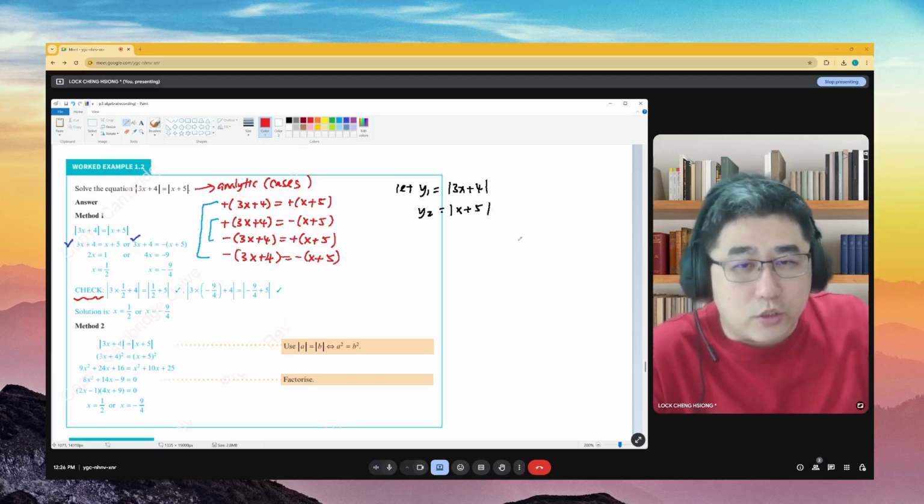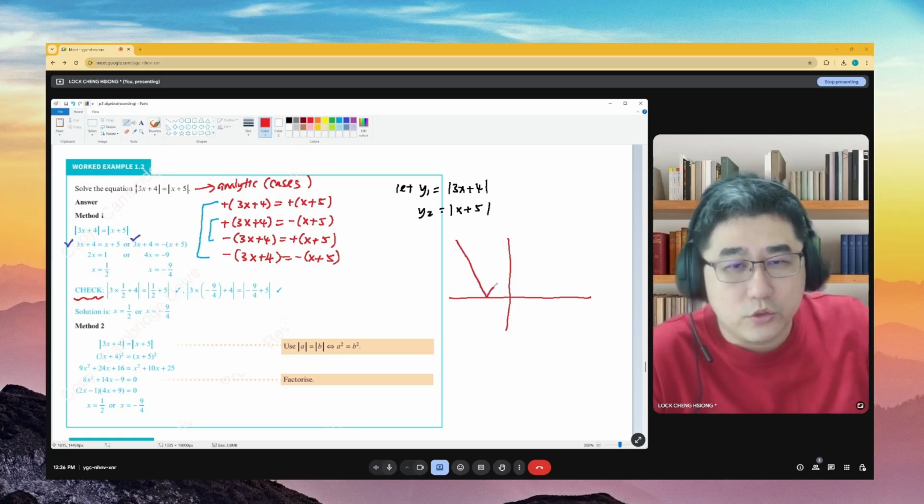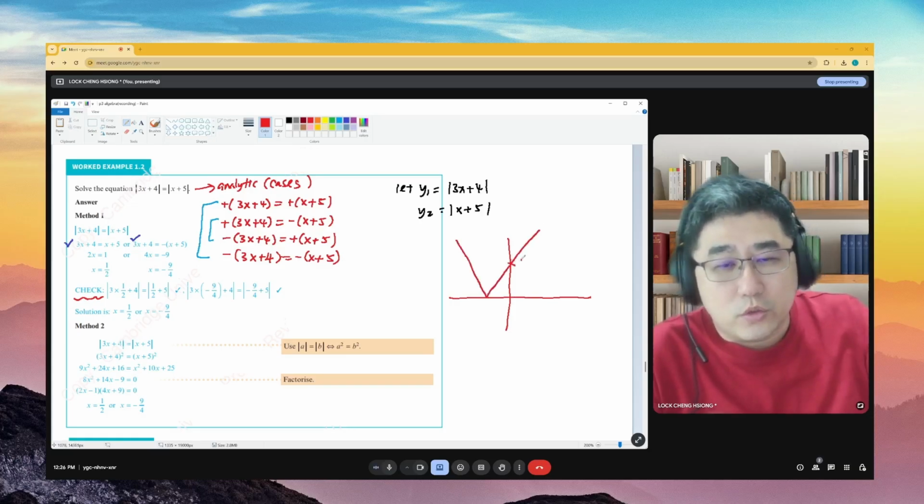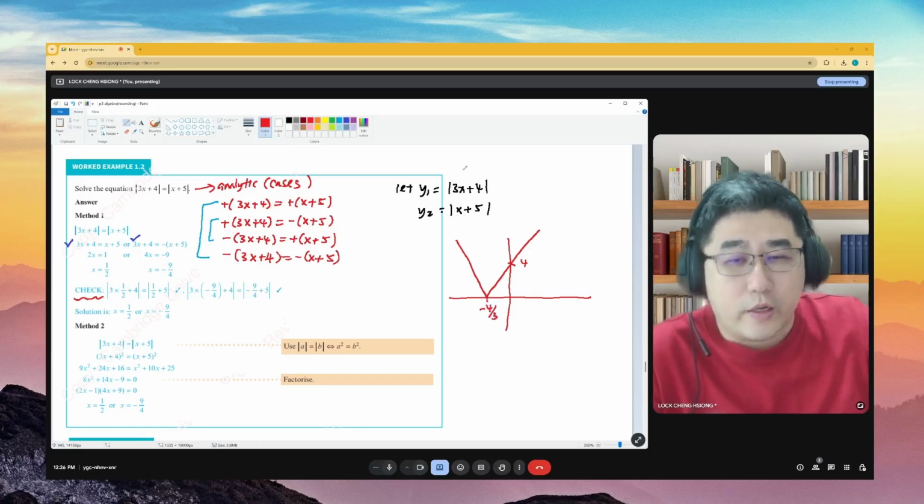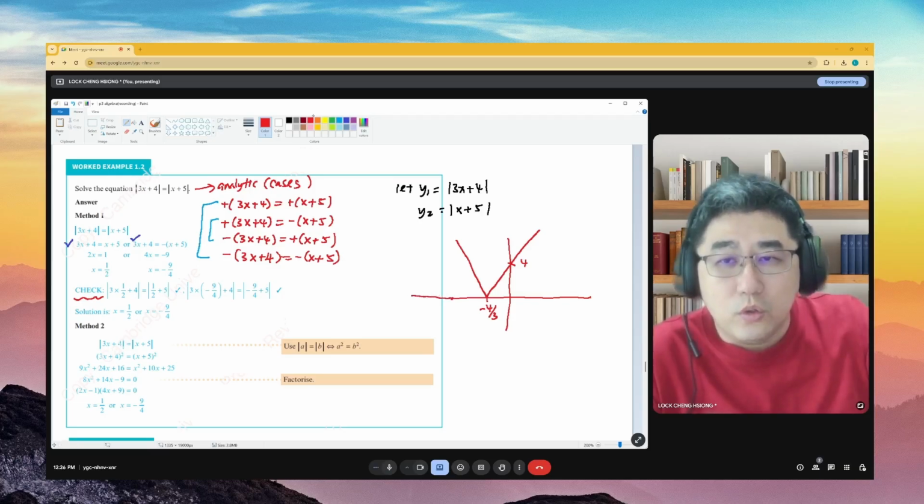Then I can draw the graph. For 3x + 4, I will have it like this. This will be 4, this will be -4/3. For x + 5, I will have the shape looking like this.